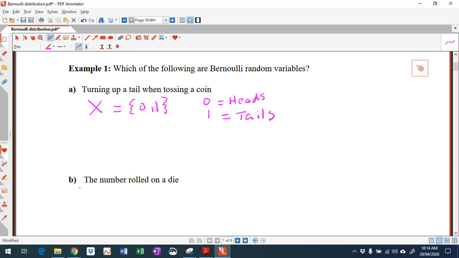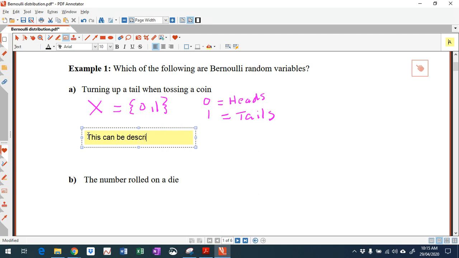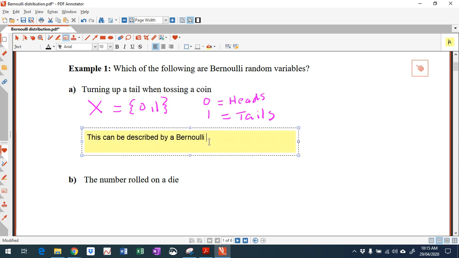So the answer is, let me just type this up because it's a little bit neater. So this can be described by a Bernoulli random variable.